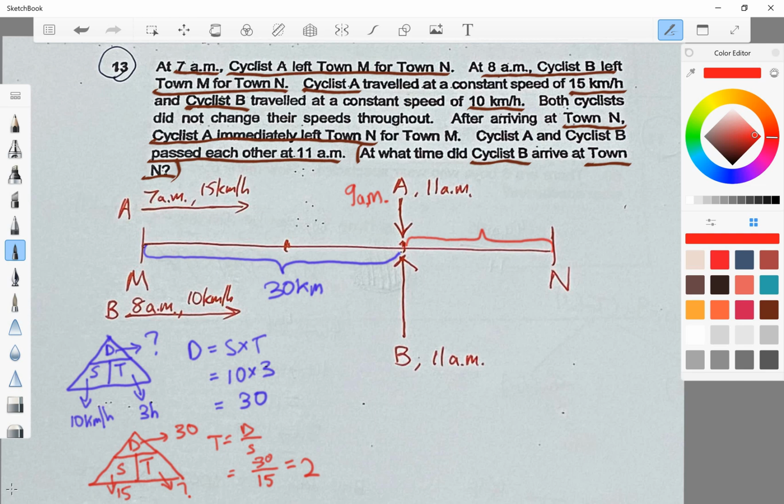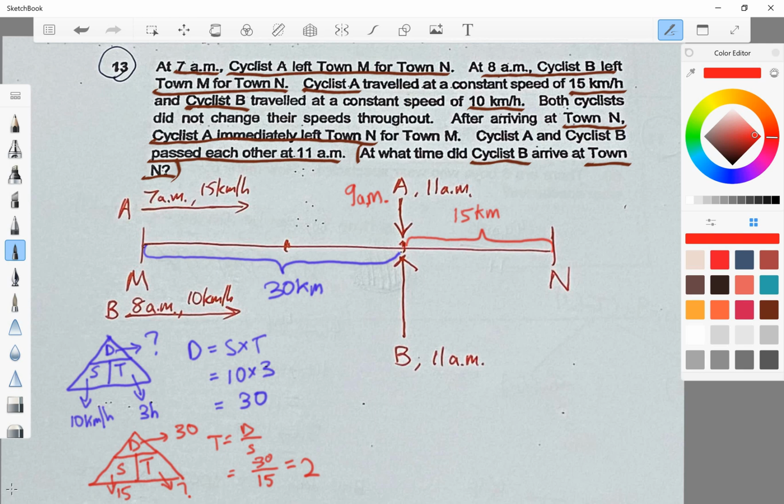So this means that cyclist A must have traveled 15 kilometers from the point that they met each other at 11 a.m. to town end and another 15 kilometers back to the same point.